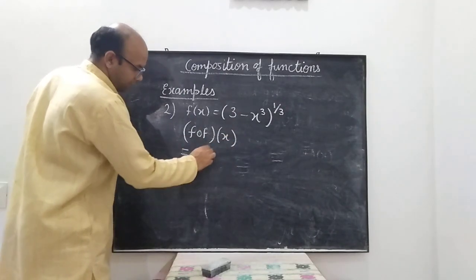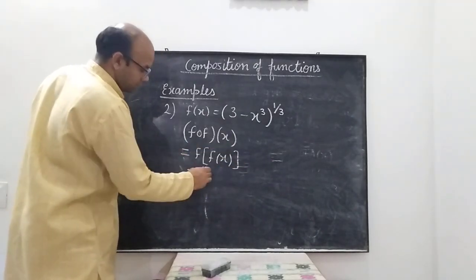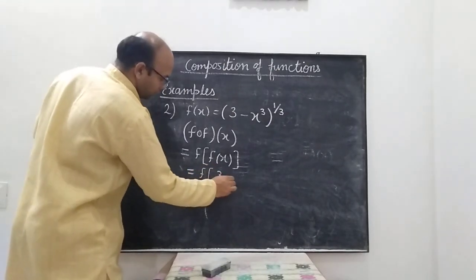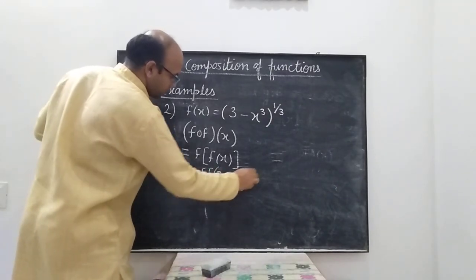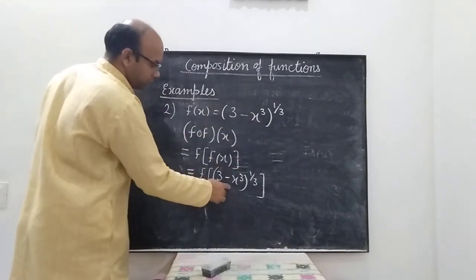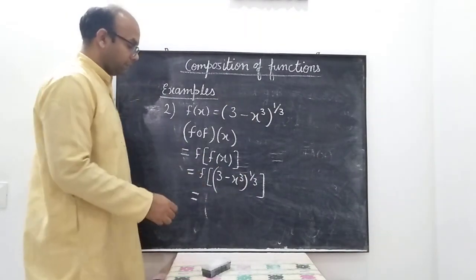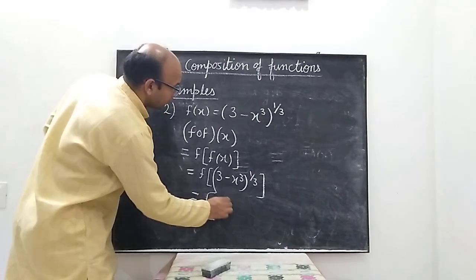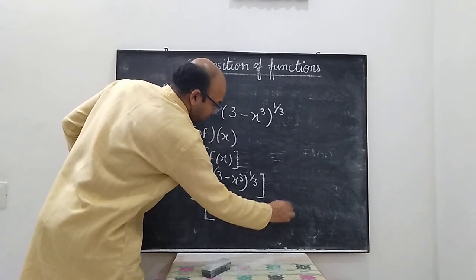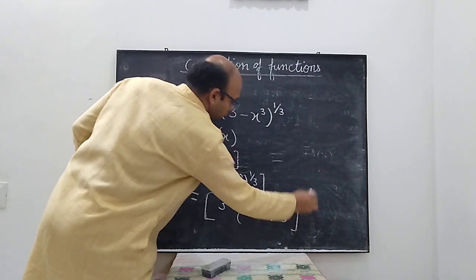So this is f composition f of x, and this will mean f of 3 minus x cube to the power 1 by 3. Now in place of x we will be substituting 3 minus x cube to the power 1 by 3. So we have 3 minus x cube to the power 1 by 3 whole to the power 3, to the power 1 by 3.